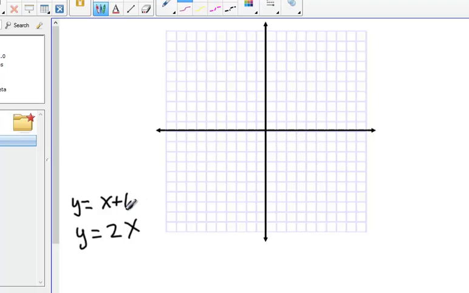The first one, y equals x plus 6, would be a positive slope with a y-intercept here, and it has a slope of 1. So we could do a straight line, and it would look something like this, and go on in both directions, of course. And then we have y equals 2x.